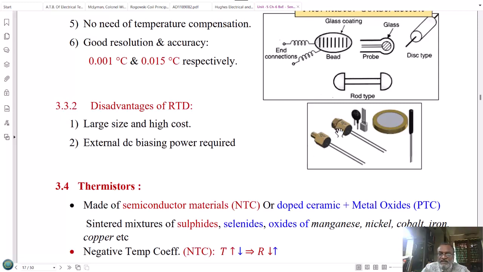Whereas the basic semiconductor wafer is enclosed inside a conducting body, mostly a metallic body, so that when the temperature of a particular object is to be measured, this thermistor will be firmly connected to the body or surface of that object, and the thermistor resistance will be decided by the temperature at the point of contact.